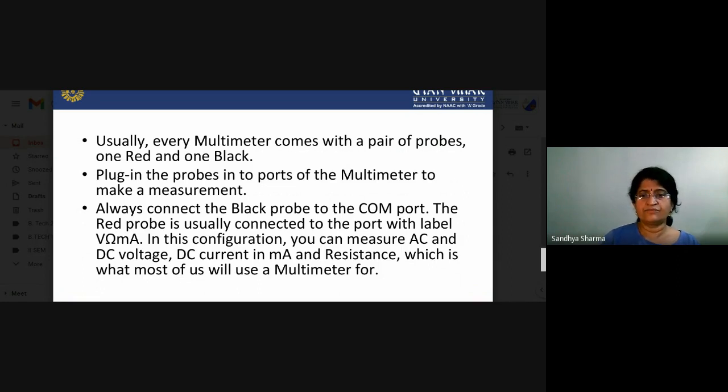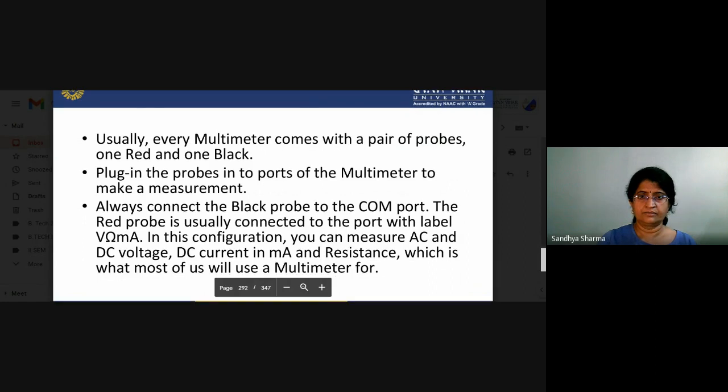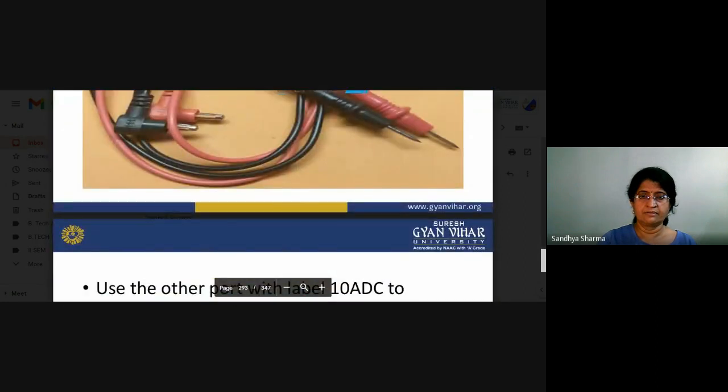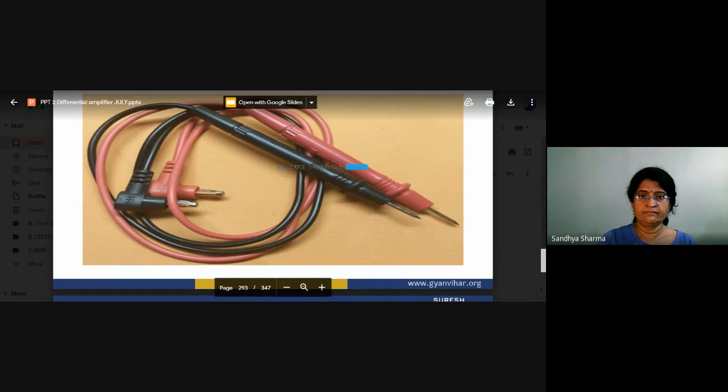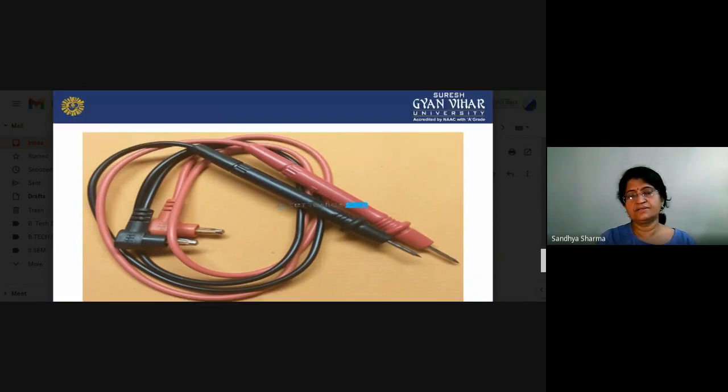In this configuration we can measure AC and DC voltage, DC current in milliampere, and resistance, which is what most of us will use a multimeter for. You can also see this is the probe which we have to use in our multimeter.